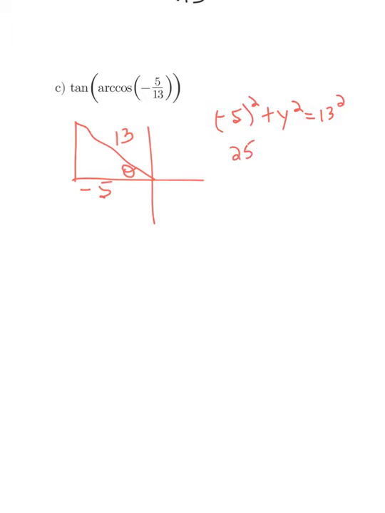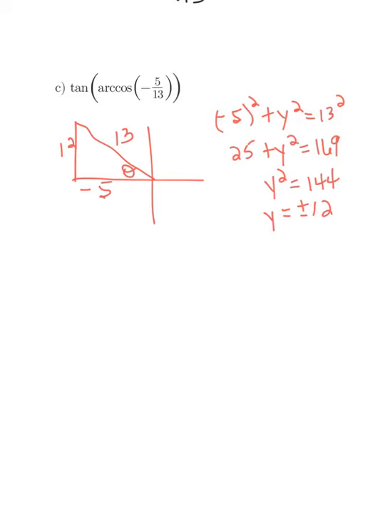So we have 25 plus y squared equals 169. Y squared equals 144. So y has to be plus or minus 12. In the second quadrant, y is positive. So y is positive 12.